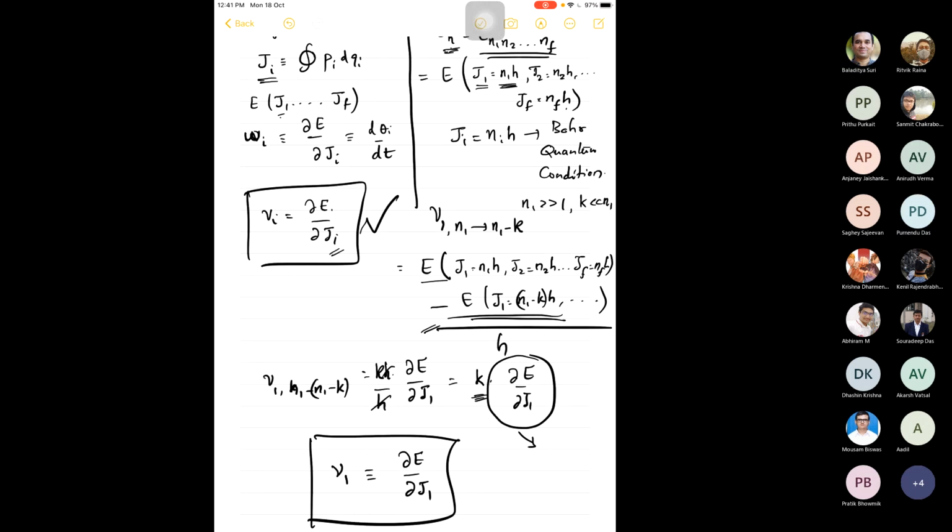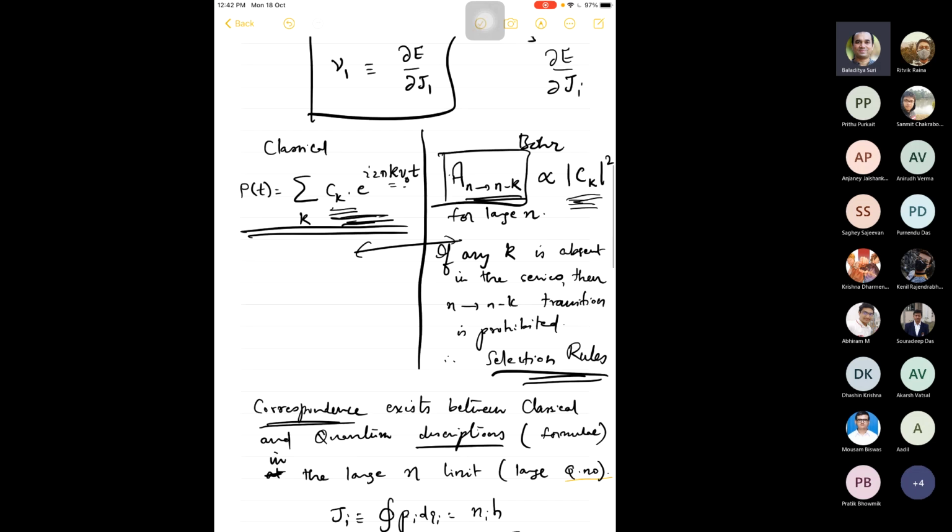Yes, sir. That agrees. This delta E by delta J is the orbital frequency classically, and he recovered that formula from the quantum condition as long as n is very large. Classically, delta E by delta J is the orbital frequency.